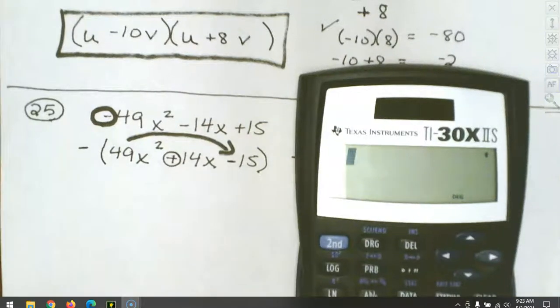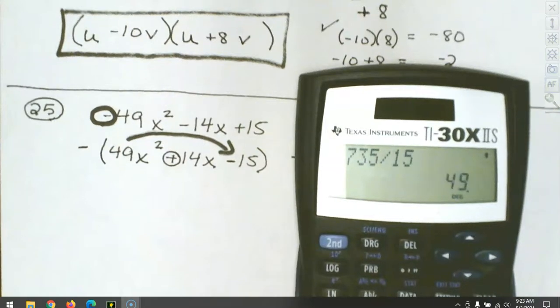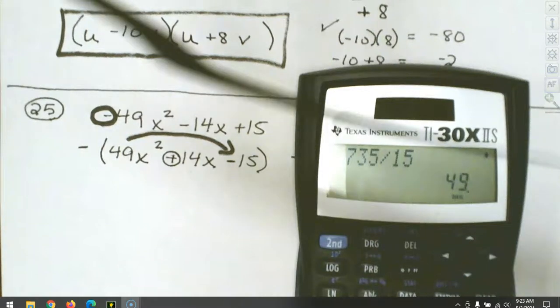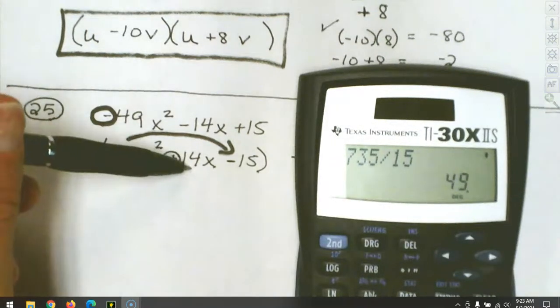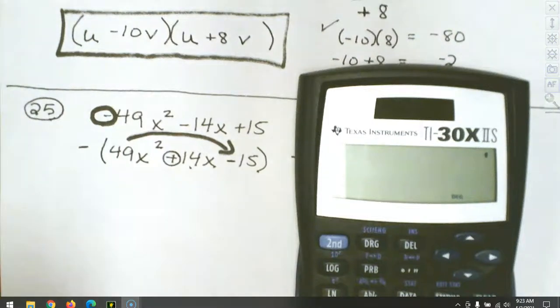Now, it doesn't end in a 0, so we can't use a 10. So let's try a 15. 735, we'll divide that by our 15. 15 and 49. Do those subtract together to give us 14? No, but we're getting closer. 20 is not going to go in there because it ends in a 5, not a 0.